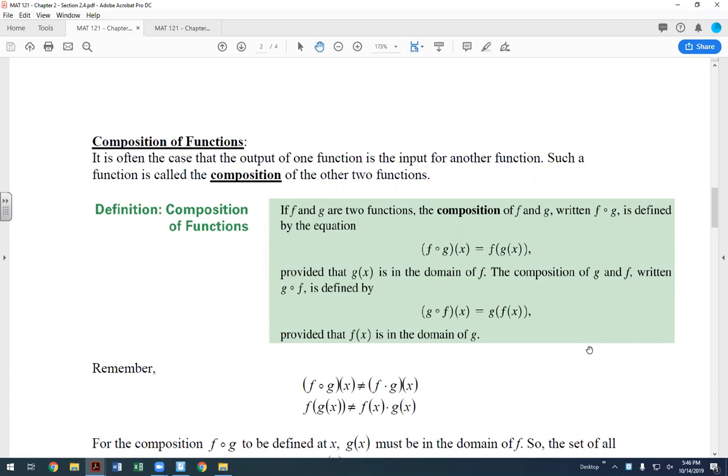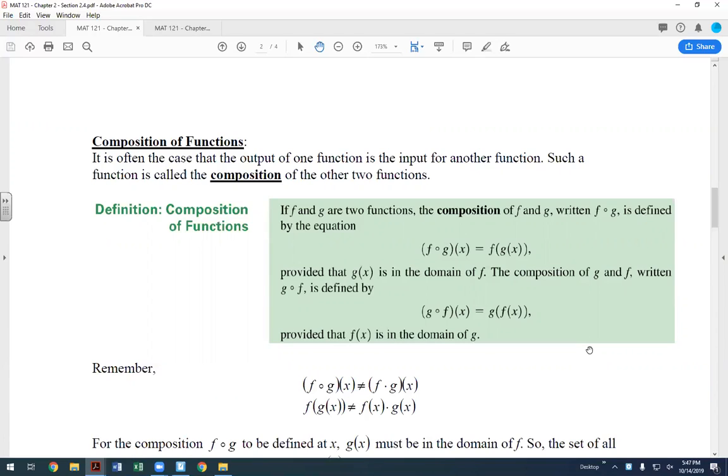So the result that I get from the inner function is what I use to evaluate the outer function. So when we talk about compositions, we're saying, let's say we have two functions f and g. And if I am doing a composition between f and g, I can say it's f of g, which basically means I'm taking the g function and putting it inside of the f function.